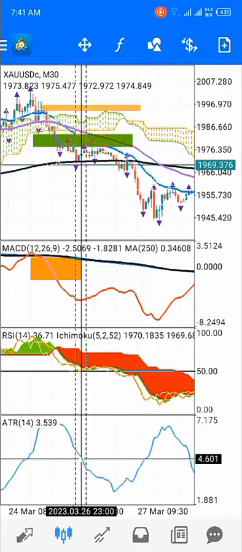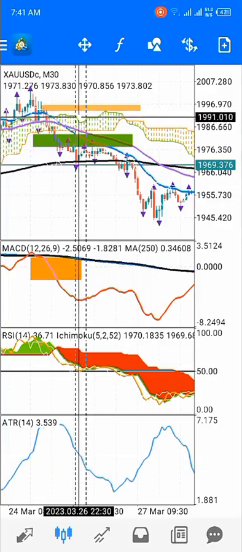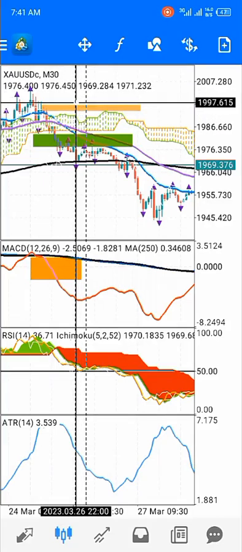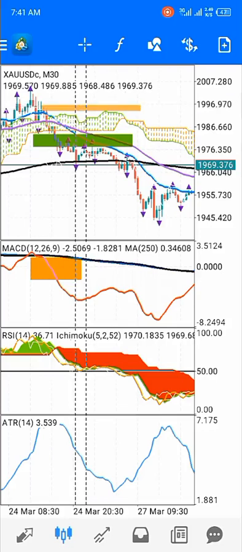Like it's 4.601 at the point of placing the trade here, and the top of the cloud is around 1996. Add that to 4.67. Adding 1995 to 4.67, that should give you 1999 or thereabouts.